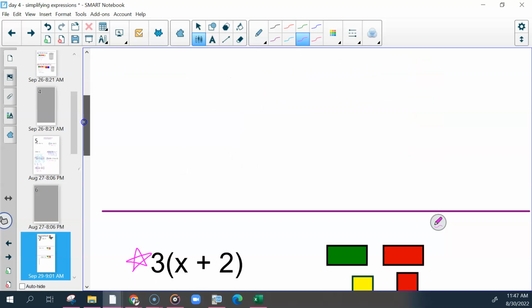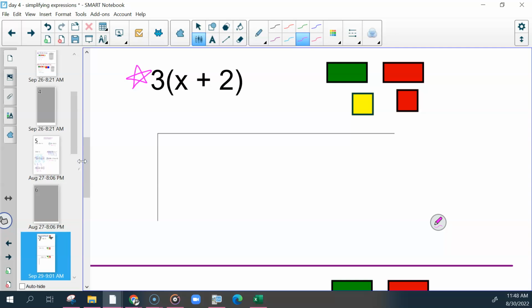Alright, we're going to start with this example. If I was representing this using algebra tiles, I'm going to start with the inside: x plus 2. How would I represent that using these algebra tiles?